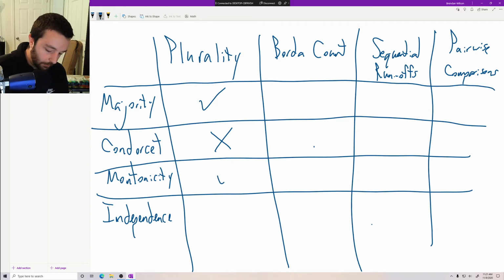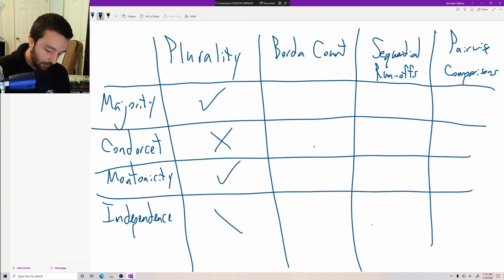The monotonicity one, it will satisfy it. This is the one that in another election with the same situation, the winner is still the winner of that one too, which basically means the results aren't random, right?